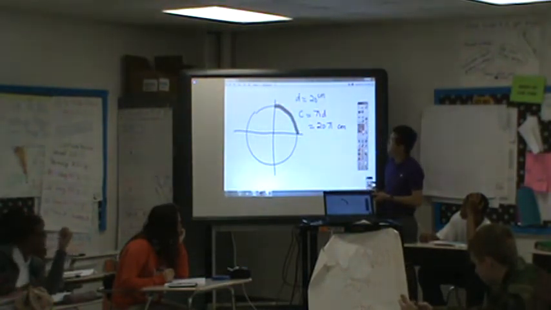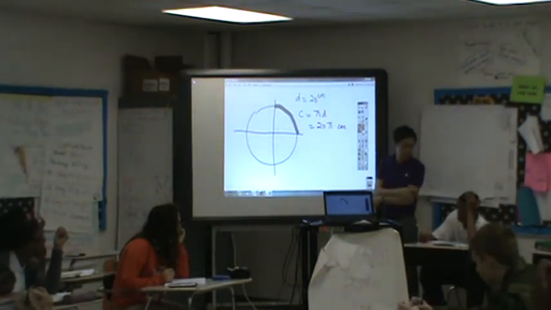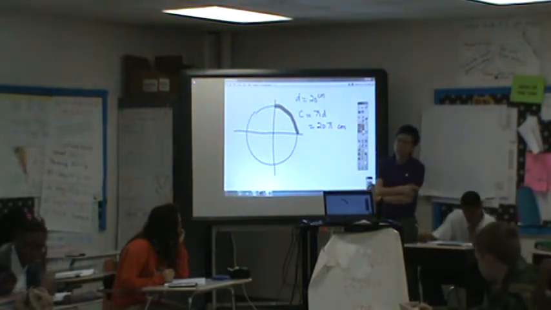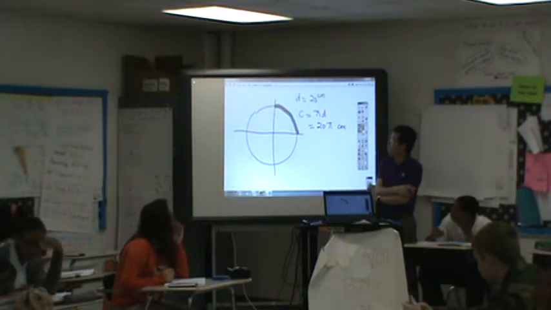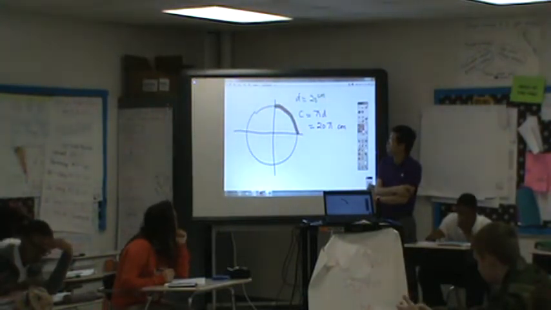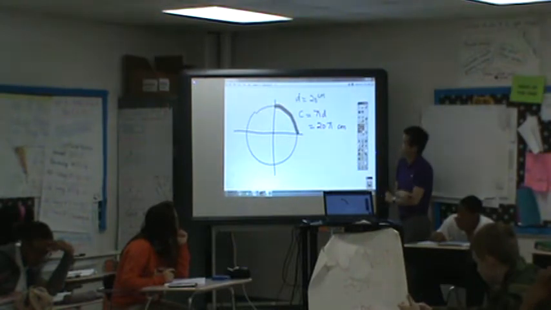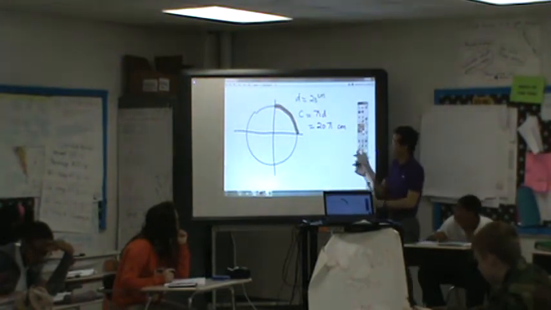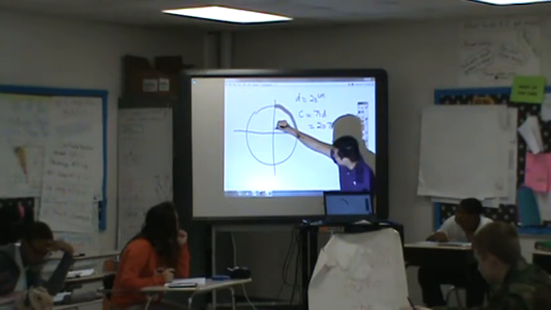Who has the idea of how to find out this? Half of it is called what when it's half? Semicircle? Yeah, the semicircle is 180, and we just divided the semicircle in half again, and half of 180 is 90. So you say this angle right here is 90.